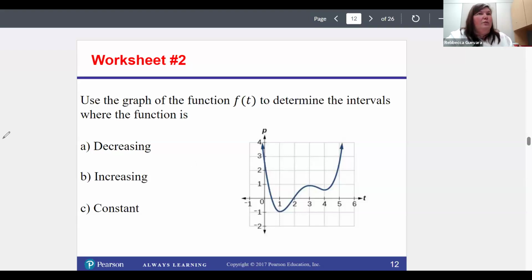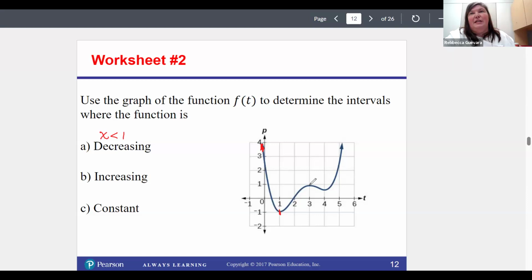So here, we are decreasing. You notice there's an arrow here, but we are decreasing until we hit the spot at 1. So we are decreasing as long as x is something below 1.